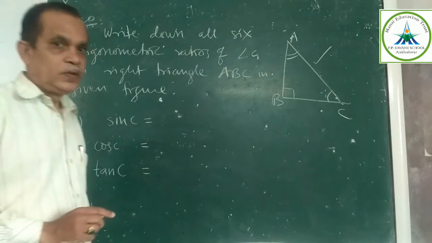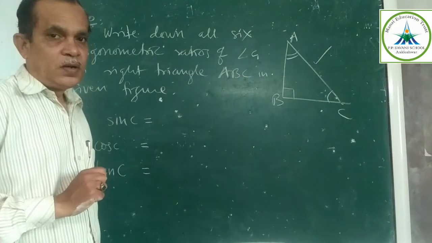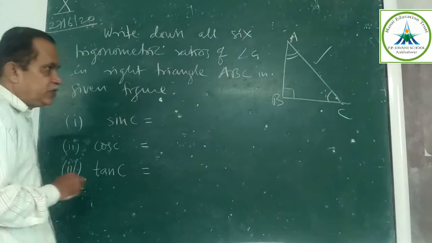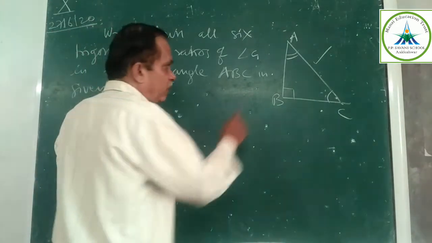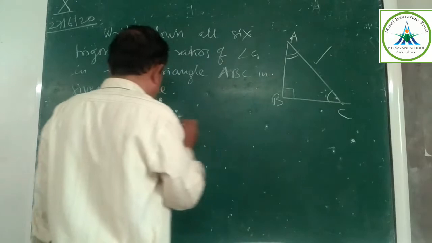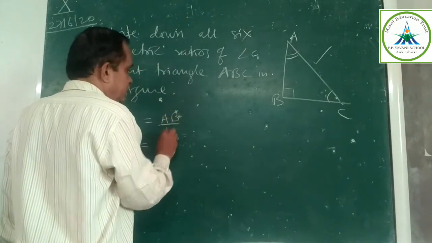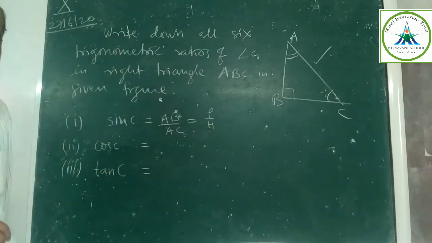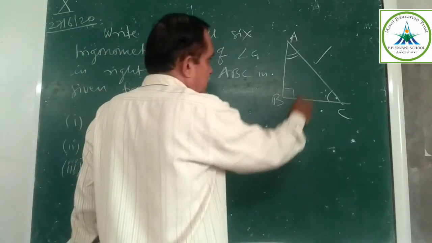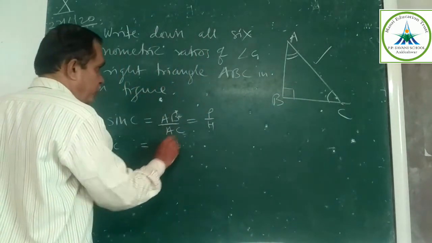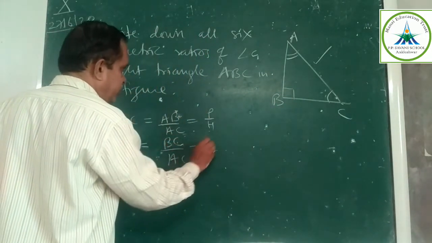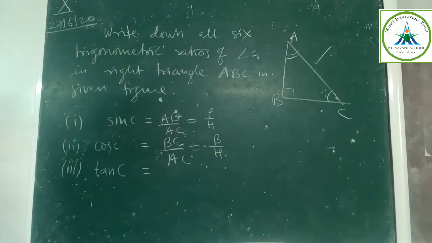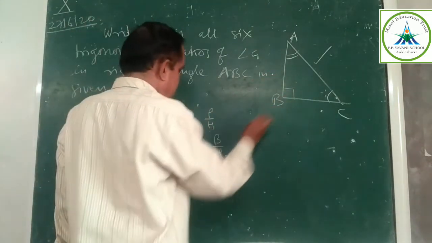Yes, you have written. I'm sure some students have written. Very good. See, sin C, perpendicular upon hypotenuse. Cos C, base upon hypotenuse. You have written. I am simply writing to check whether yours is correct or not. Tan C, perpendicular upon base.